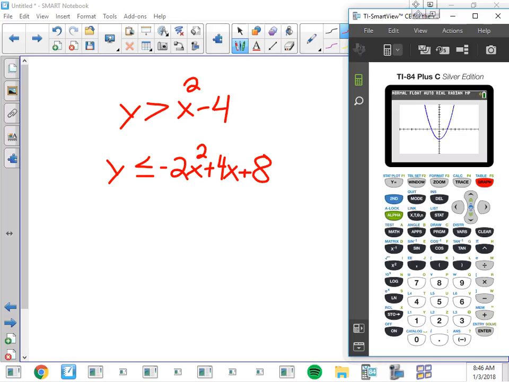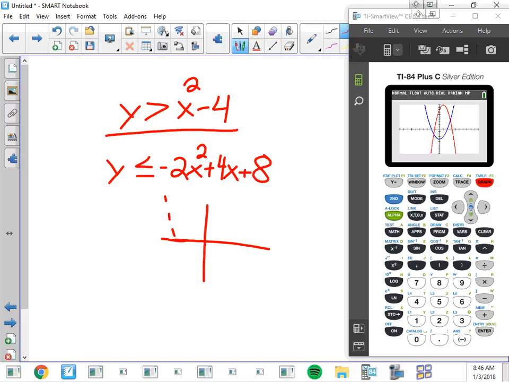So here's the first graph, and there's the second. Is the first graph solid or dotted? Should I have a solid line or a dotted line for that equation? Dotted, okay. So it's the blue one, dotted like that.